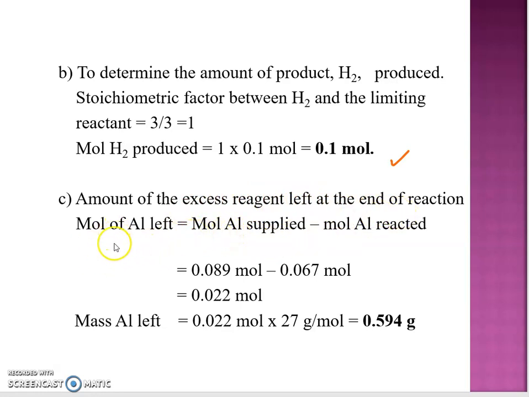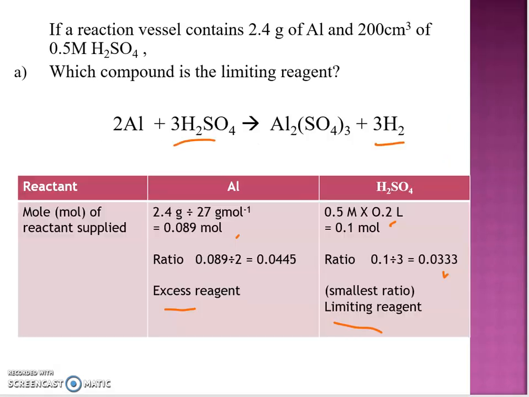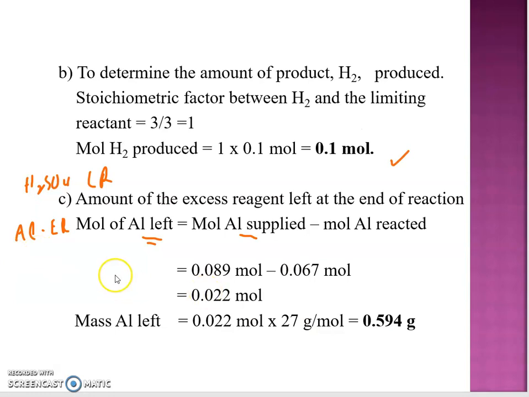Okay, so nak dapatkan berapa mol excess, so kalau H2SO4 is the LR, limited reactant, therefore Al is the excess reagent. So mol left is equal to number of mol supply, total yang sebenar, which is yang you kira tadi, 0.089. Ni. Tolak dengan yang reacted, mol reacted. Macam mana nak dapat mol reacted?